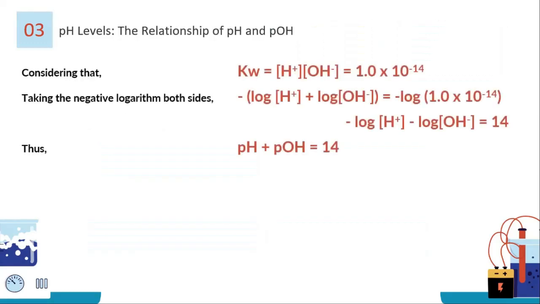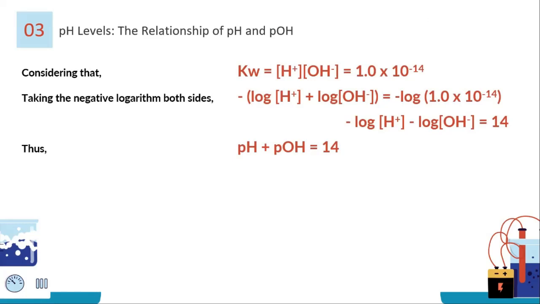Now, consider again the ion product constant for water at 25 degrees Celsius, that is Kw is equal to the molar concentration of hydrogen ions times the molar concentration of hydroxide ions, which is equal to 1.0 times 10 raised to negative 14. Taking the negative logarithm of both sides, we obtain negative log of the molar concentration of hydrogen ions minus the logarithm of the molar concentration of hydroxide ions is equal to 14.